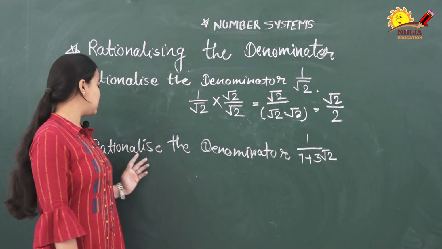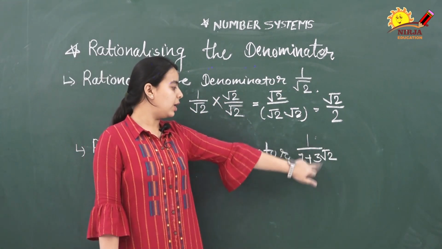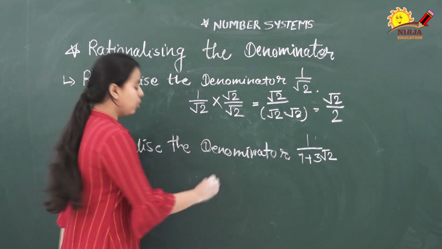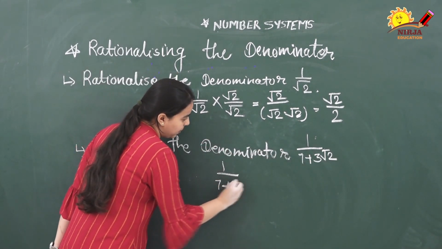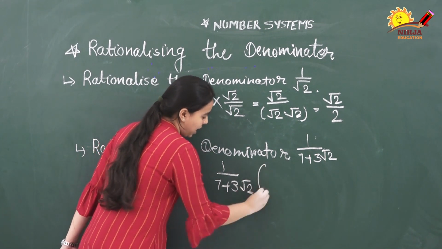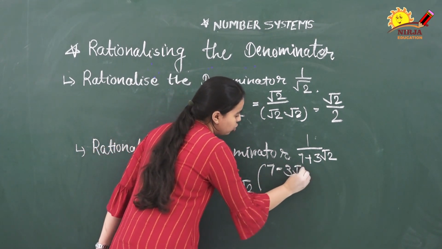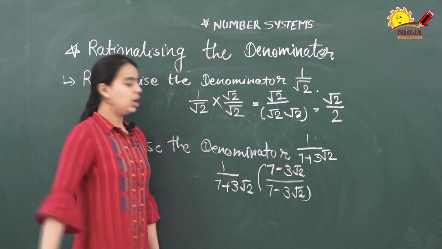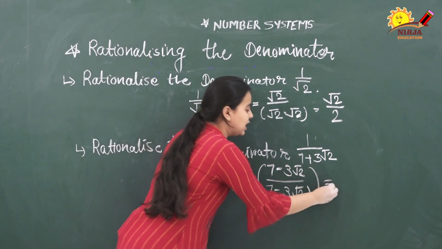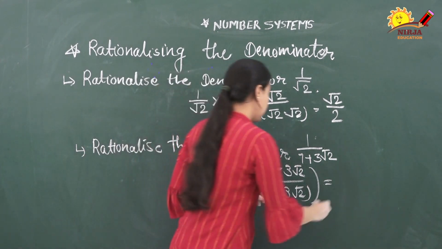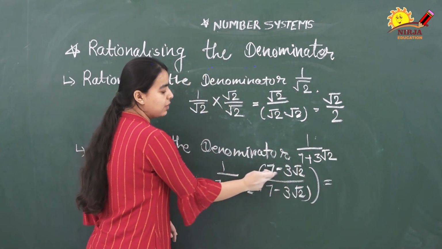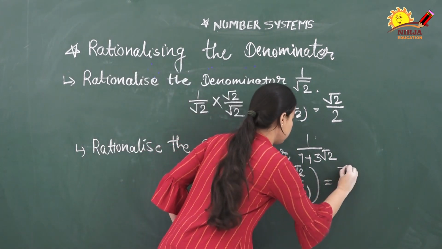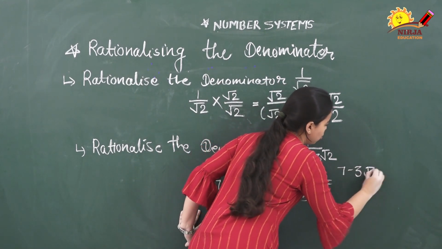Now the next sum is to rationalize the denominator of 1 upon (7 + 3√2). For that, I am going to multiply this number by (7 - 3√2) on both sides. Let us proceed further. 1 multiplied by (7 - 3√2) will become 7 - 3√2 only.